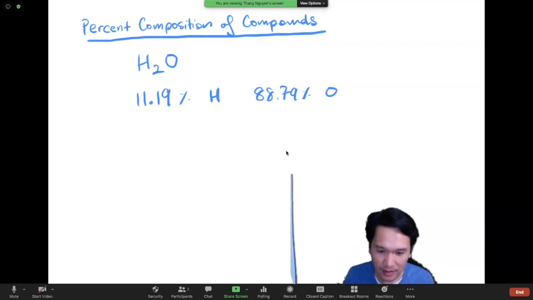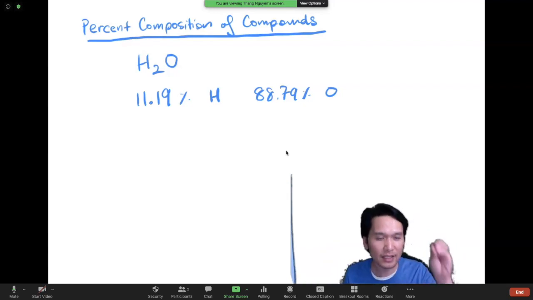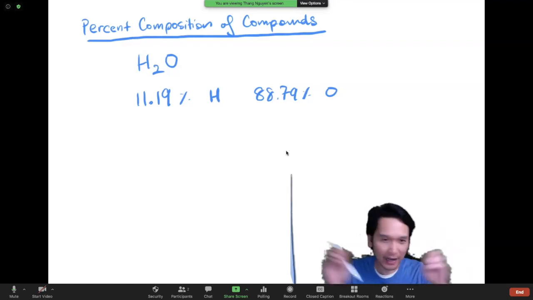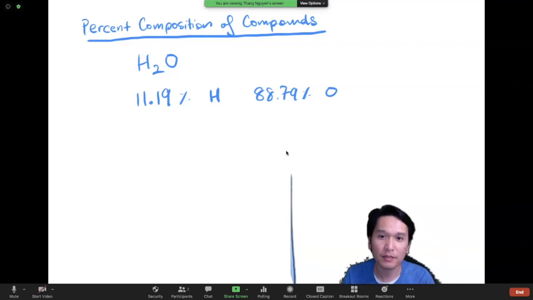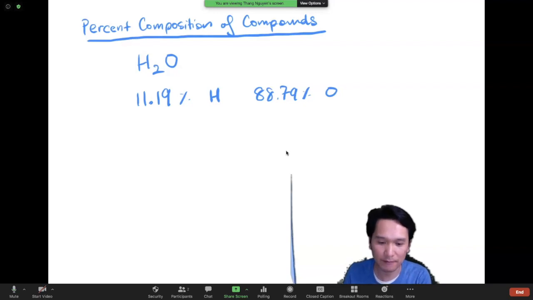Okay. Now, what this means is that wherever you take a sample of water, for example, a small drop of water or a whole cup of water, in either sample, the percent of hydrogen by mass will always be 11.19%, and the percent of oxygen by mass is always going to be 88.79%.